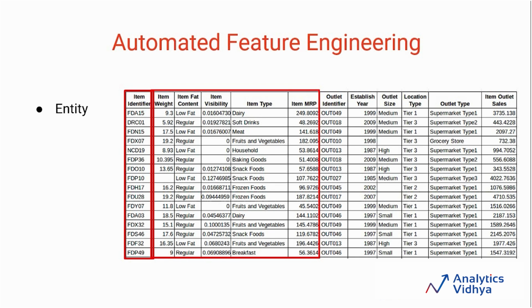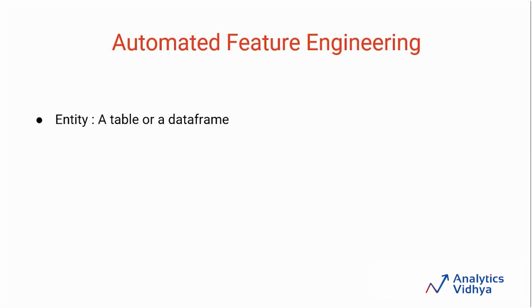In that scenario, we'll have 2 data sets, and each of these individual data sets would be called an entity. So an entity is basically a single table or data frame. All the information of the entity or entities is stored in an entity set. So in other words, we can say that an entity set is a collection of tables.